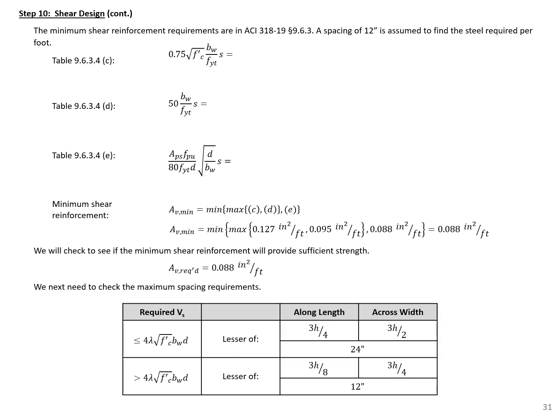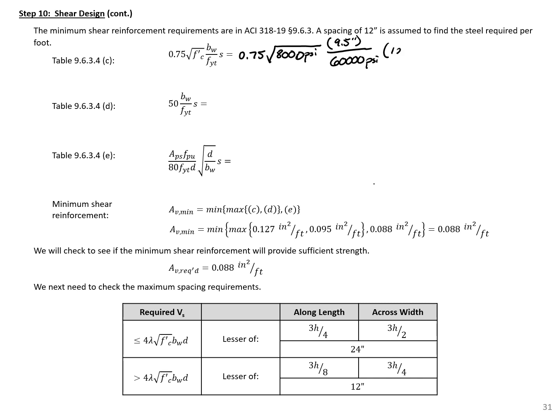We can use our equations from ACI 318 Table 9.6.3.4 to find our minimum shear reinforcement required for our prestressed section. Plugging in some of our known values, we'll have 0.75 times the square root of 8,000 psi times 9.5 inches divided by 60,000 psi times, we're going to assume a 12-inch spacing.